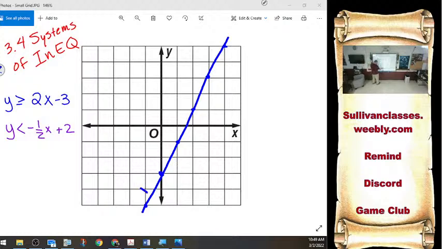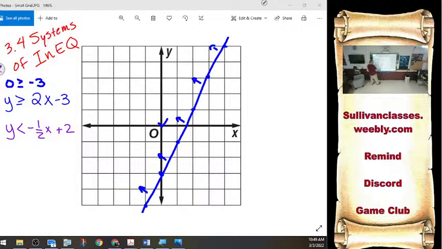So I can just put a couple arrows like this, and I'm good to go. If you need to put 0, 0 in there, it would say 0 is greater than or equal to -3, which is a true statement, so I'll shade towards the 0.